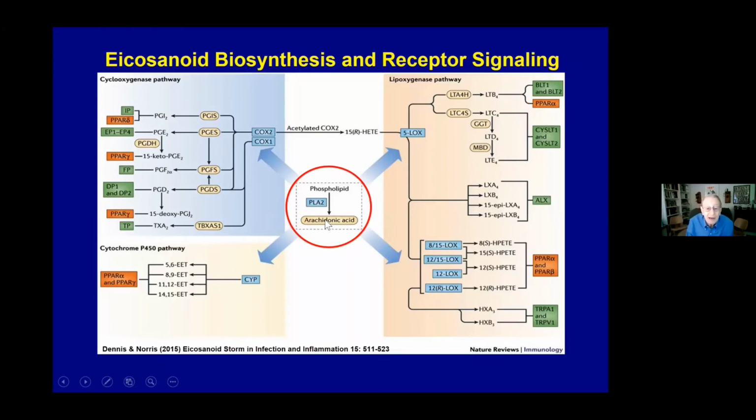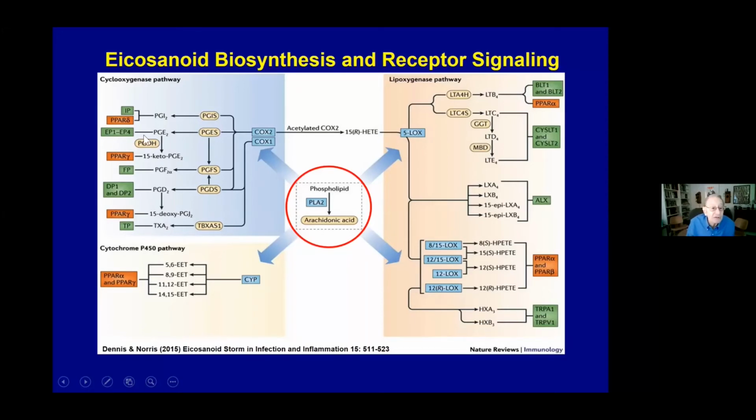That arachidonic acid can be acted upon in the upper left by cyclooxygenases. There are two main ones, COX-2 and COX-1, and these lead to various primary prostaglandins, abbreviated here, which lead to secondary prostaglandins that are listed here.